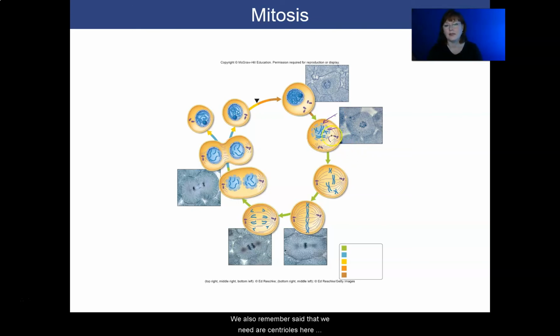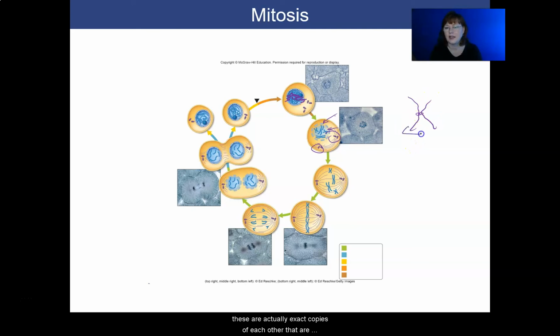We also, remember, said that we need our centrioles to be on opposite ends of the cell so that they can pull the chromosomes apart. So they're going to start moving to those opposite poles. And this big tangled mess of chromatin in here is going to condense so that it's easy to pull those copies of chromosomes apart. So you'll see here that they kind of look like little X's, because when you look at those up close they look kind of like X's.